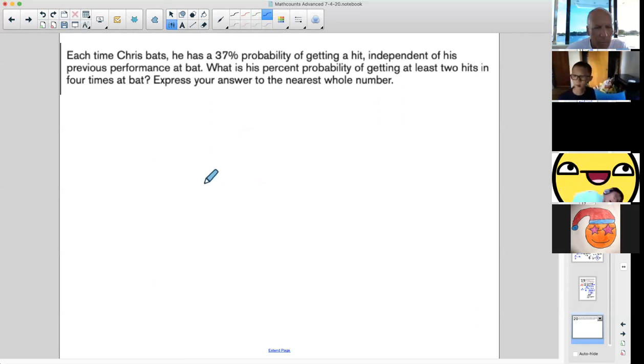I think it's how many bases he runs. No. So, guys, if he bats 37%, Audrey, do you know how batting average works in baseball? When someone bats, yeah.